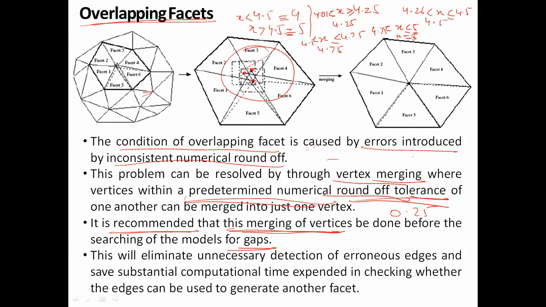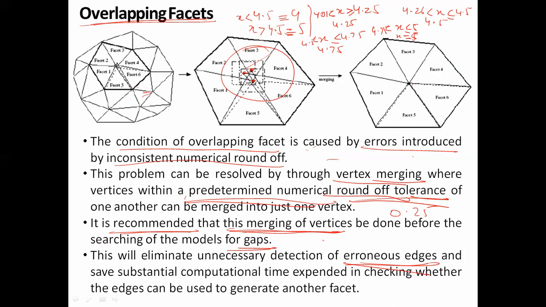This also helps to identify any error in the edges, and any degeneracy occurring before the empty facets are filled up. So the checking of edge orientations and degeneracy should be done before you fill up any of the gaps.